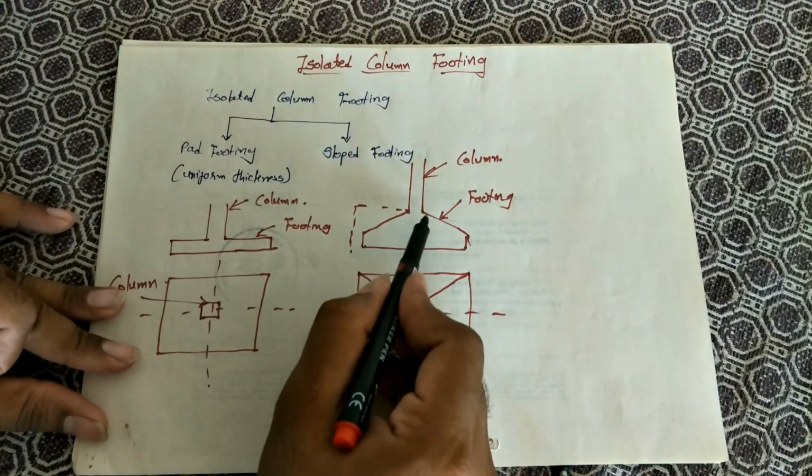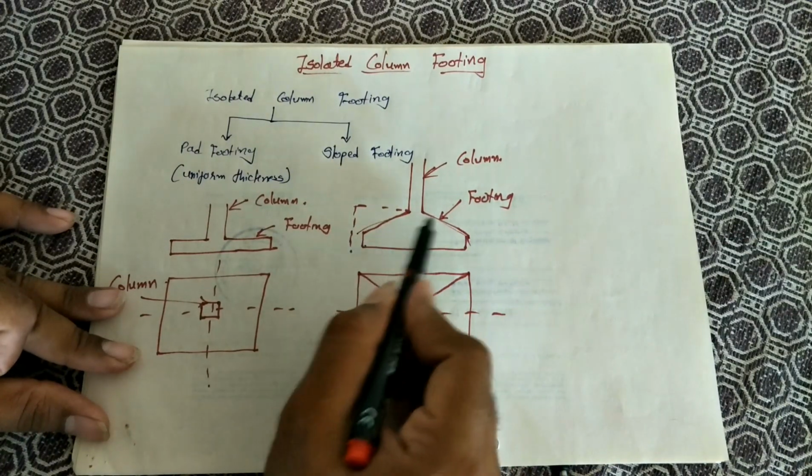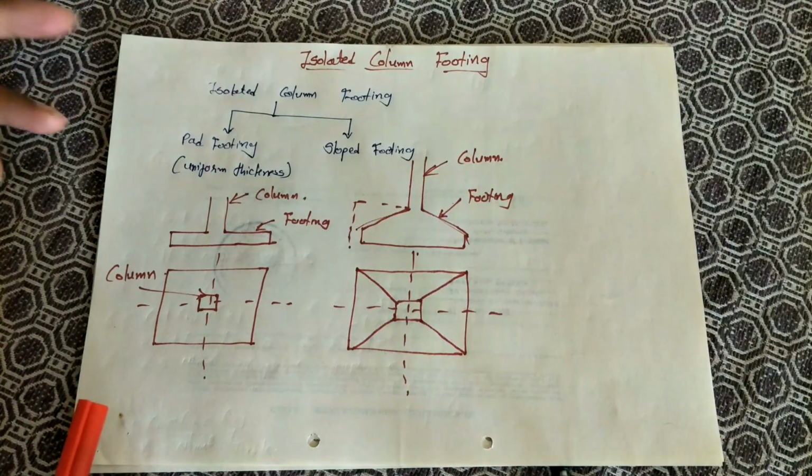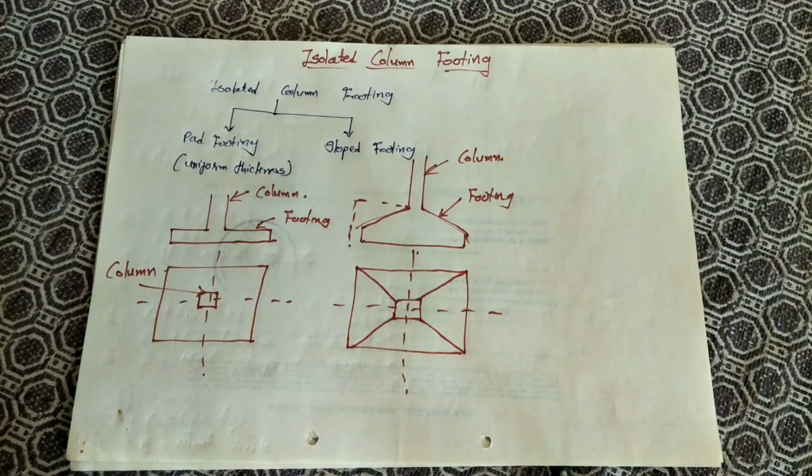In a sloped footing there is a slope, that's why it's called a sloped footing. So there are two types of isolated column footing: pad footing and sloped footing.